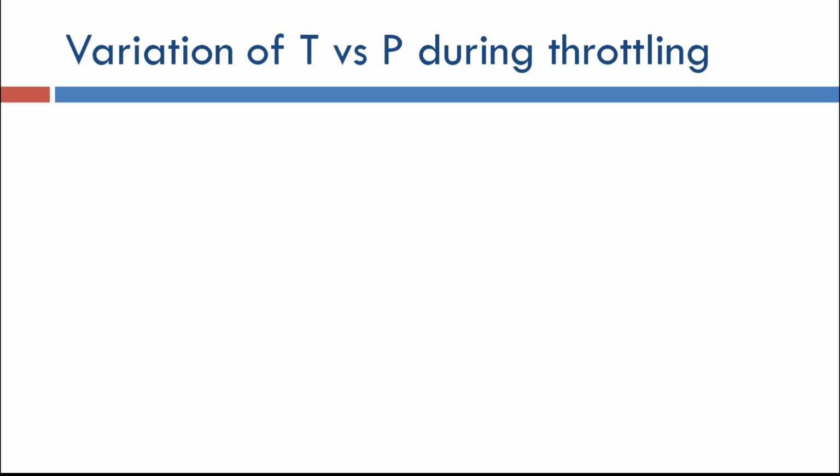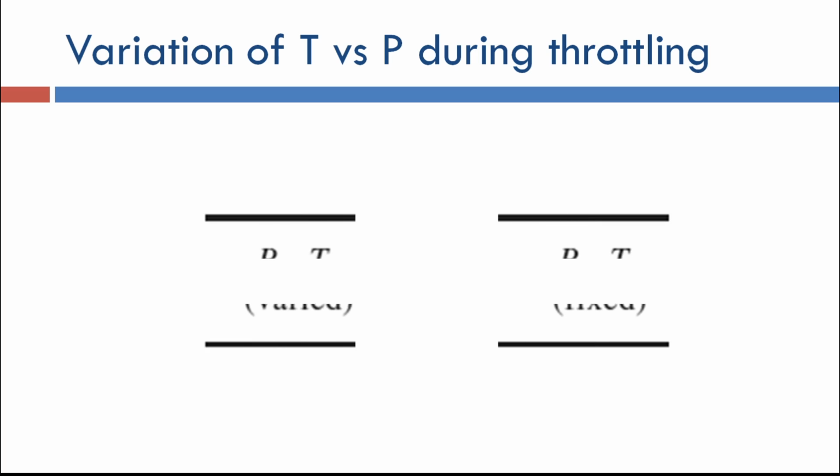Now let us examine how to calculate the Joule-Thomson coefficient, what experiment is done to get this Joule-Thomson coefficient for different sizes and for different fluids. Let us see that in detail.